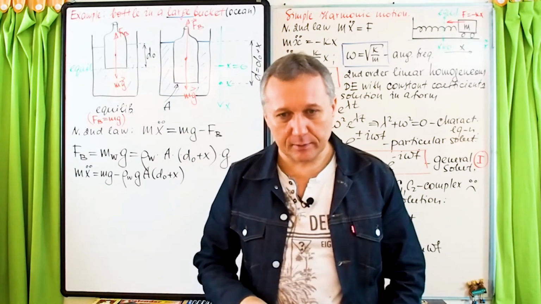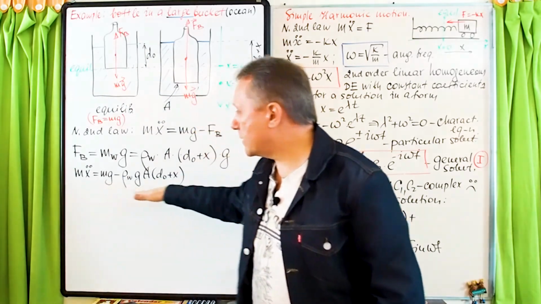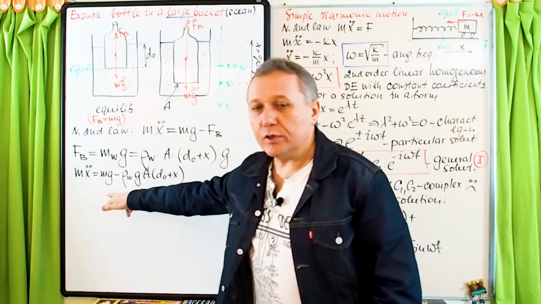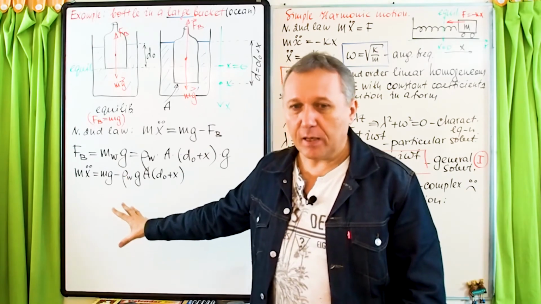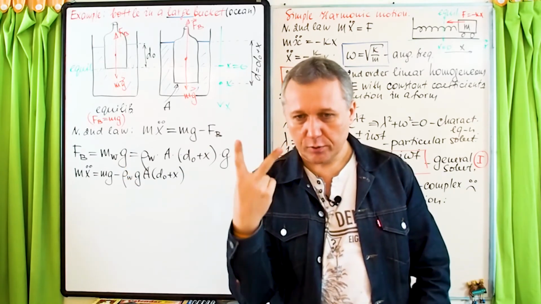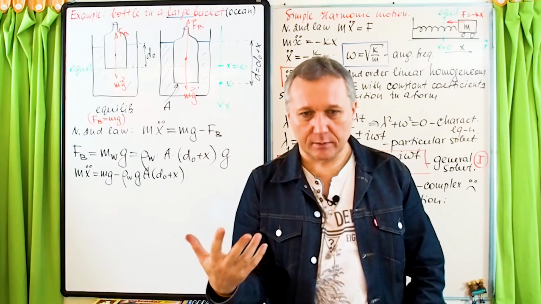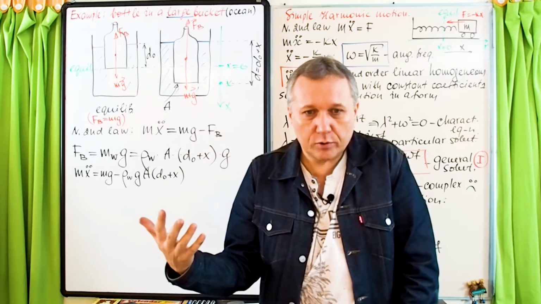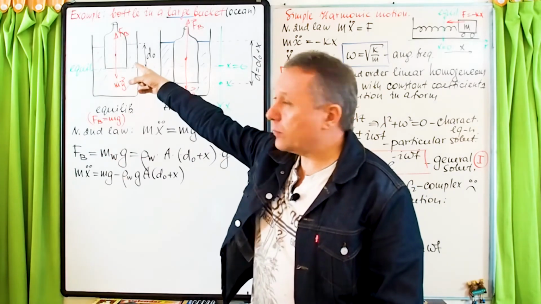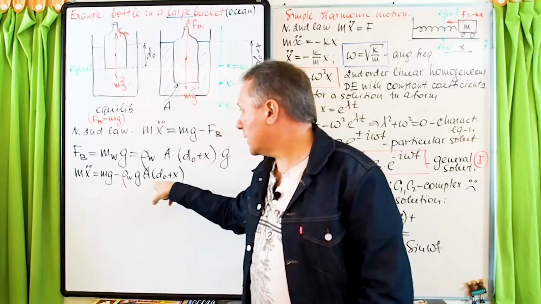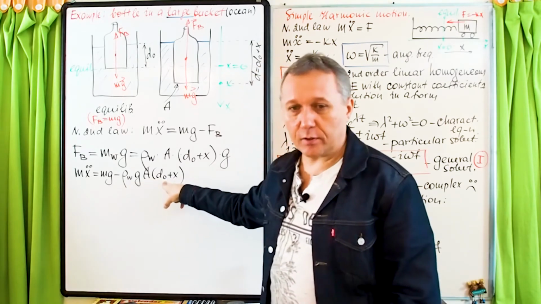So as a result, every time you write the differential equation at this point, you need to look carefully and cancel two terms. Every time there will be two terms which must be cancelled, because basically those are forces when the object is at equilibrium. In this case, it's mg and this construction with the constant.